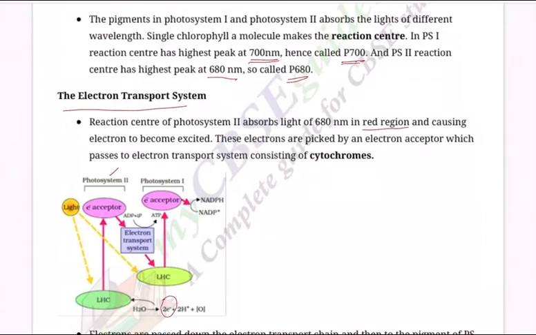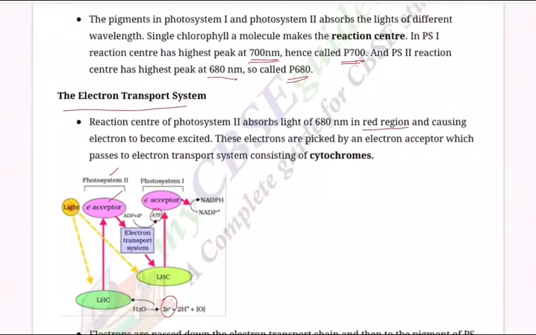These electrons are accepted by electron acceptors, and then enter into the electron transport system and reach light harvesting complex 2. And once this electron acceptor sends the electrons to electron transport system, there is formation of energy, ATP.